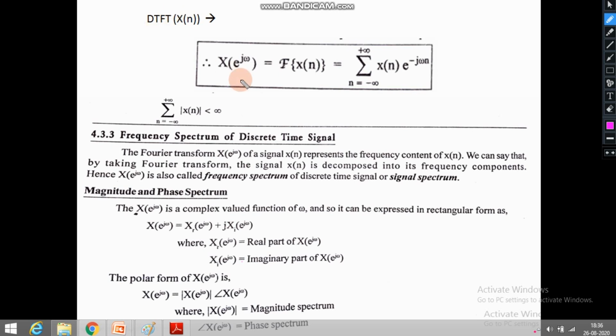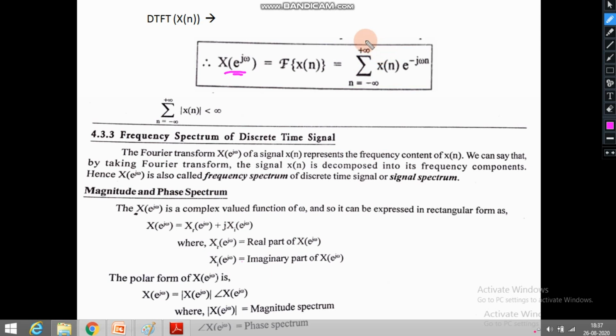In the case of the discrete time Fourier transform, the equation is given by X of e raised to j omega, which is the converted signal in the frequency domain. X of e raised to j omega is equal to the sum from n equals minus infinity to infinity of x of n e raised to minus j omega n.